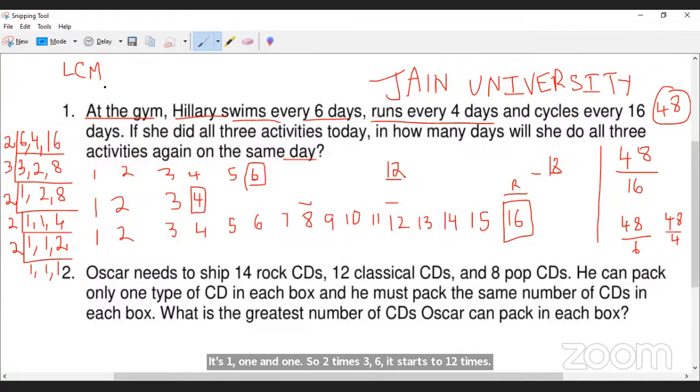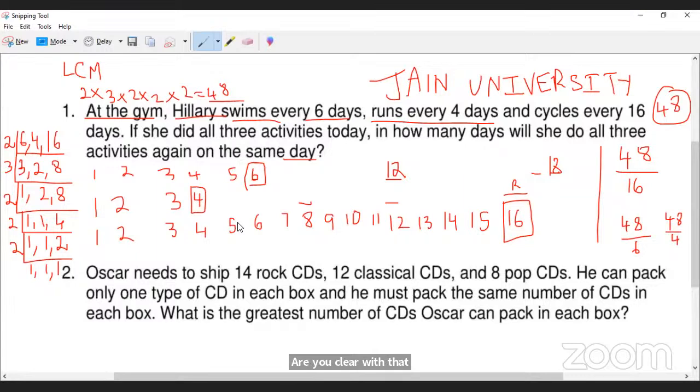I have to multiply all these numbers. 2 times 3 times 2 times 2 times 2. So that gives me 48. LCM multiple. Are you clear with that? So on the 48th day, he would swim, he would run, he would do cycling, everything.